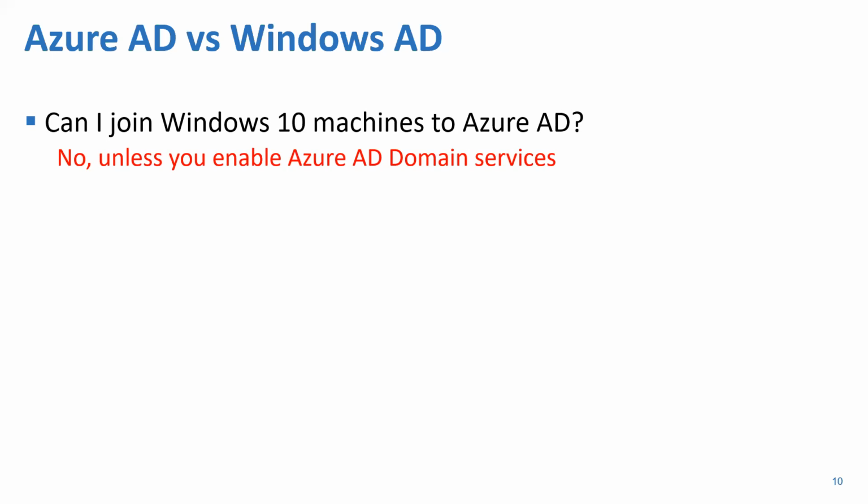But when you say hybrid join, it's not actually similar to how you join a laptop to your on-prem domain, right? So if you would like to have that similar experience of joining your Windows machine to a domain, then you have to enable an additional feature called Domain Services. It's a feature on top of Azure AD.